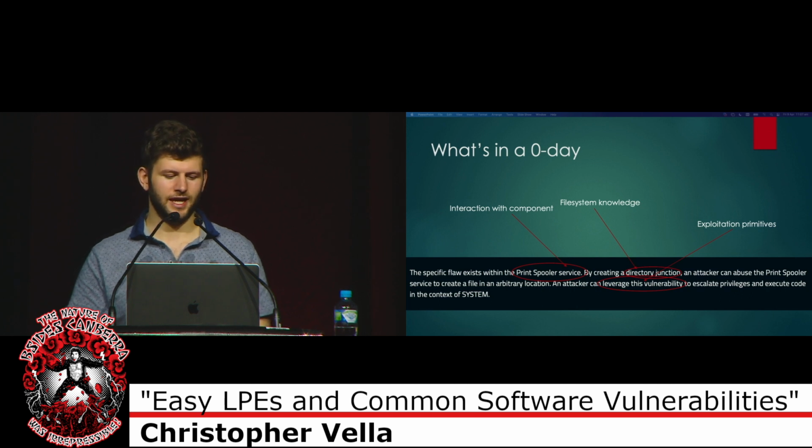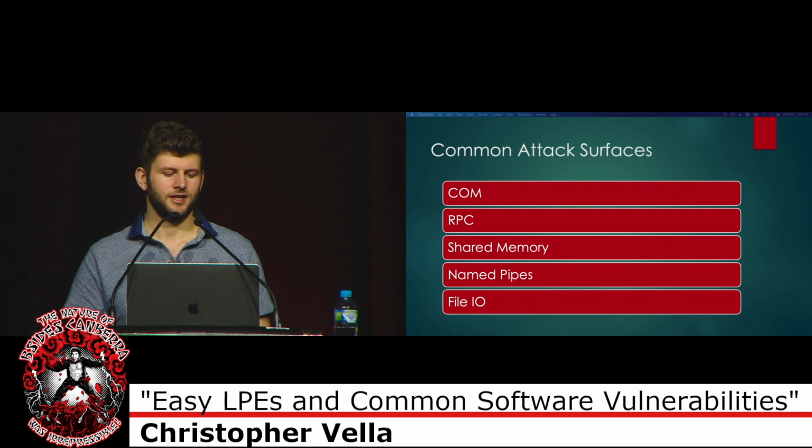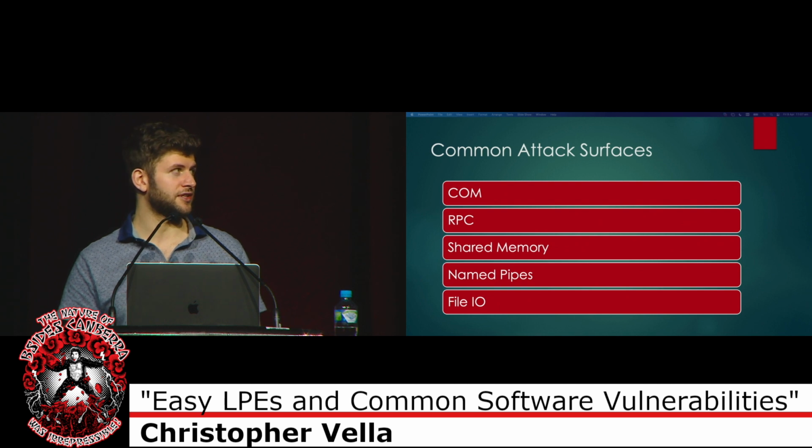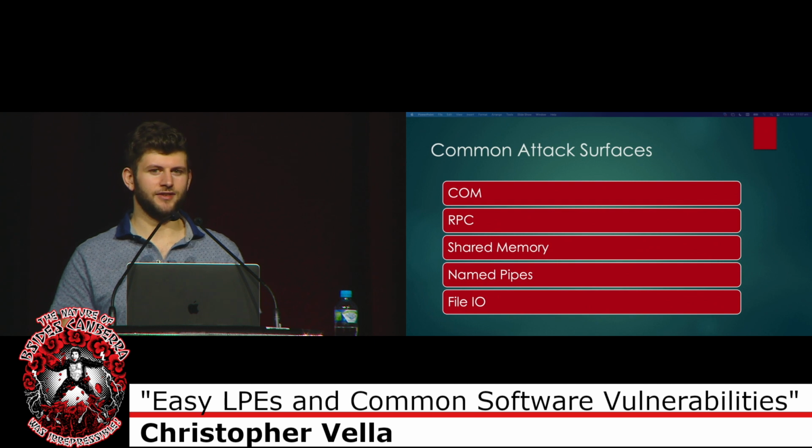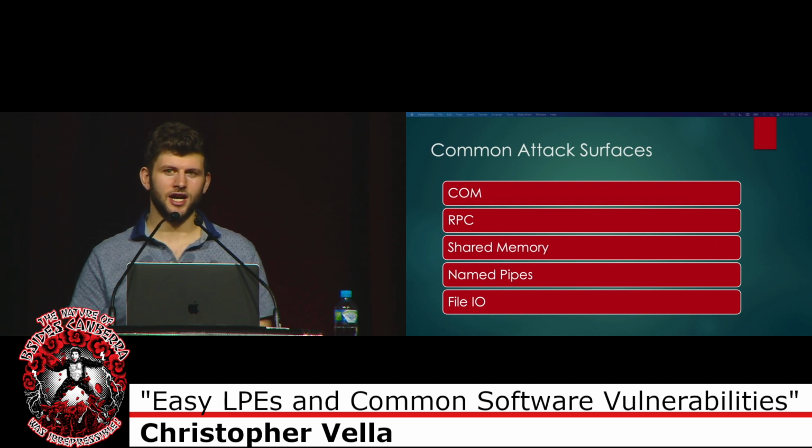And when we're looking at the interaction part, there's lots of common attack surfaces in processes, and this mainly relates to how processes interact with each other. For example, if I were to install an antivirus on my computer, most of the time it's not going to be just one executable and that's it. Typically there may even be like 5 EXEs and a few drivers and various other components that get installed alongside that.